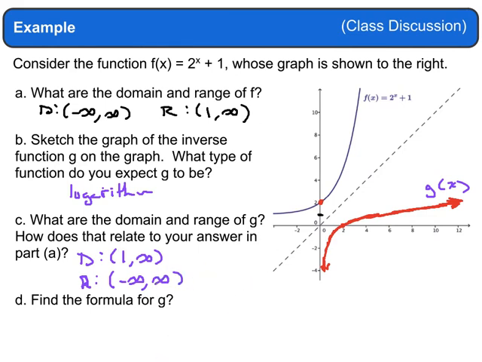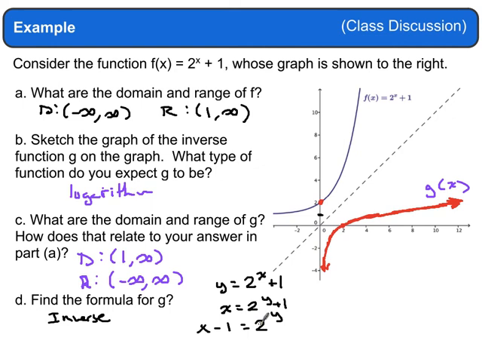They want us to find the formula. So right, so we start off with y equals 2 to the x plus 1. They want us to find the inverse, right, to do the formula for g. So we switch the x and the y, and we're going to solve for y. So we're going to minus 1 to the other side. So x minus 1 equals 2 to the y.